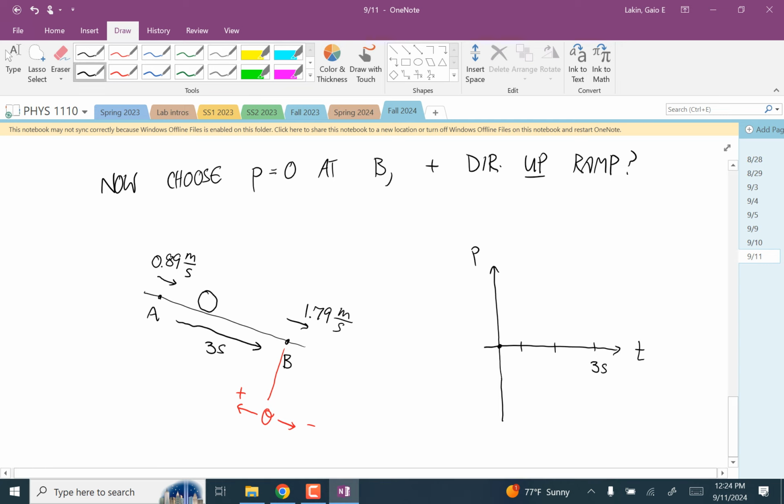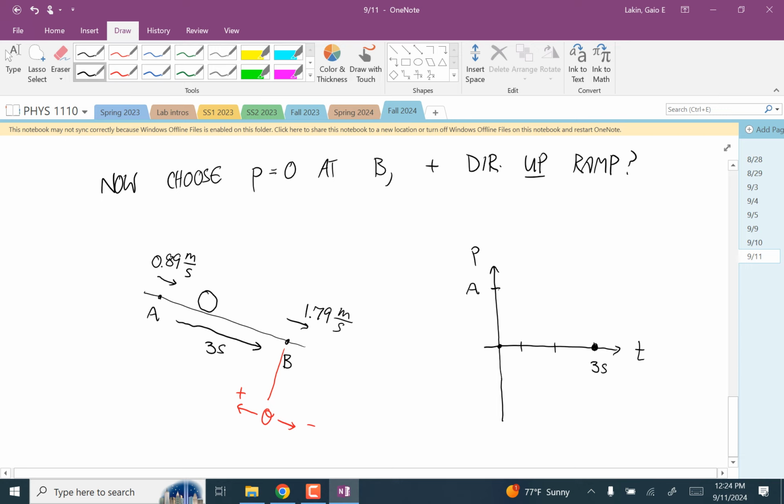We know that we're going to be at position 0 at 3 seconds, right? When we're at A, is that position going to be positive or negative? Positive, because if you start at 0 and go in the positive direction, you're going to be at something positive.